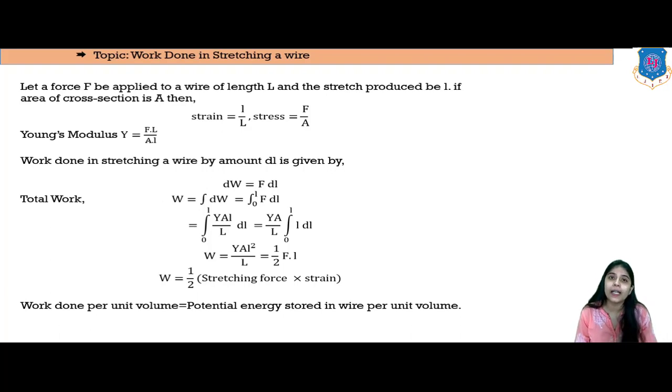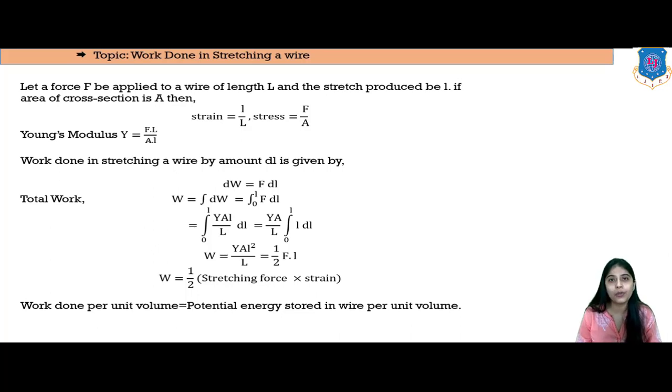So work done in stretching a wire is half of stretching force into stretch. This work done can also be called the potential energy stored in the wire. So this is the expression for work done.